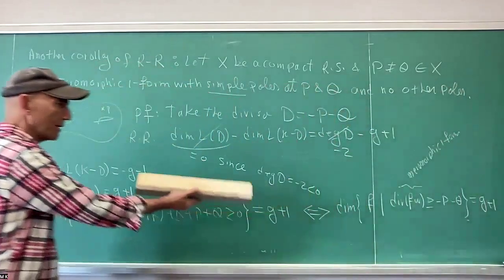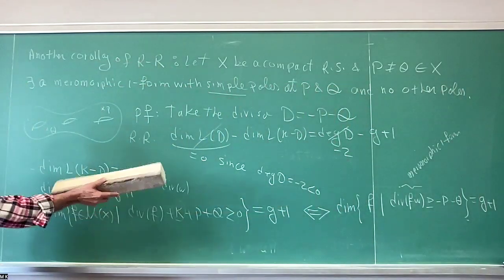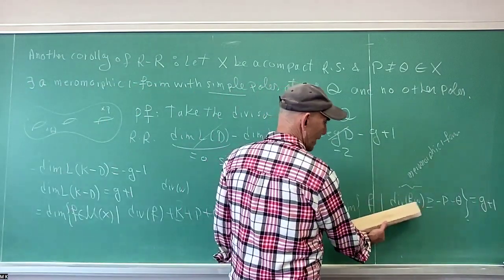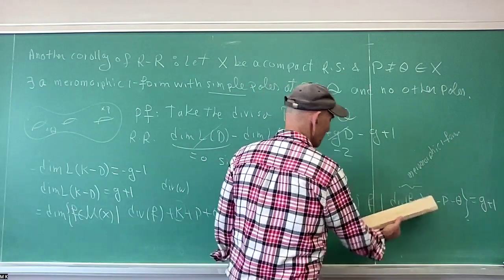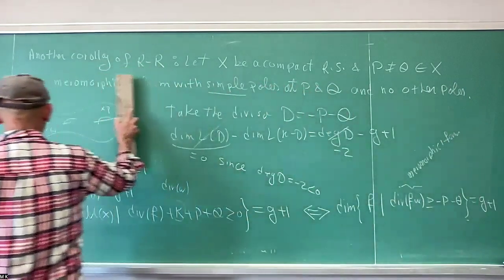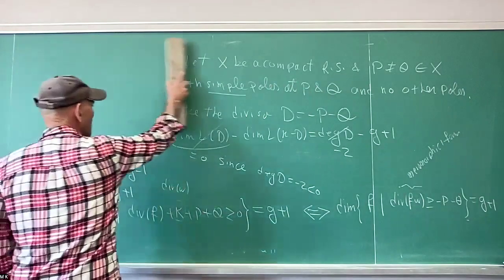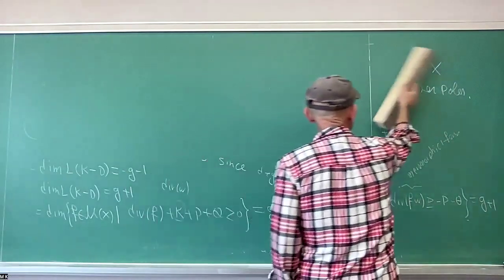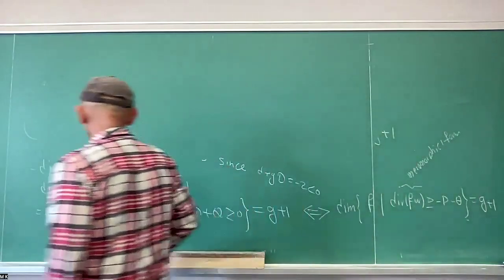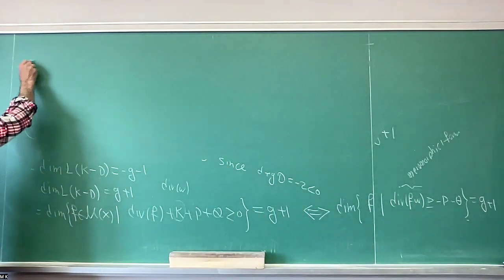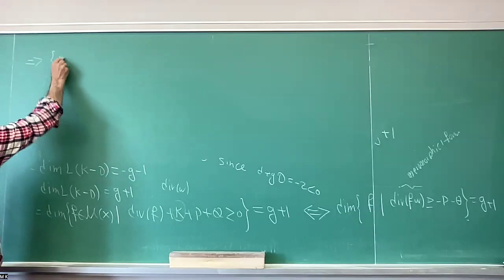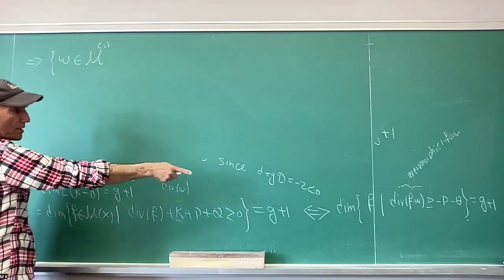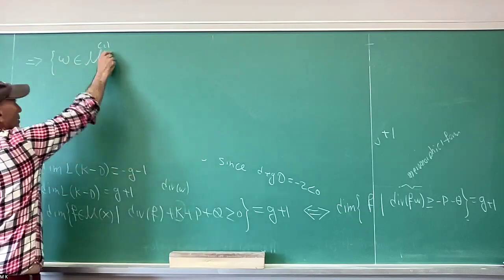Okay, so now I can write this statement in the following way, because as I said, there is a correspondence between meromorphic functions f and meromorphic one forms f omega. So I can just say that this is the same thing as... now I'm going to change notation a little bit. So instead of all omega belonging to omega 1 of x, now this omega is not that omega. This is a very general omega now.